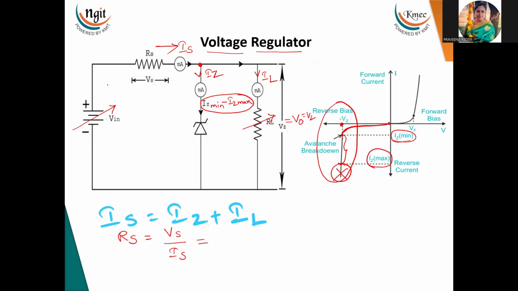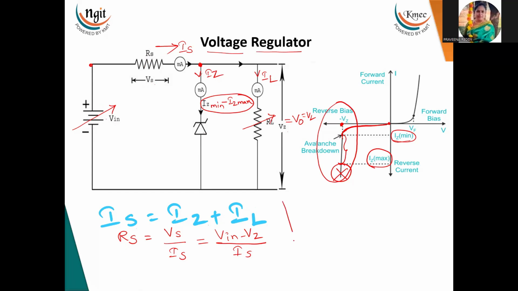It is nothing but the potential difference of V in and VZ. So this is (V in minus VZ) divided by IS. Then why have I taken V in minus VZ? Why not VZ minus V in? See the current direction. Current is coming from V in. So that's why we have to take V in minus VZ. Now this is the formula for RS.